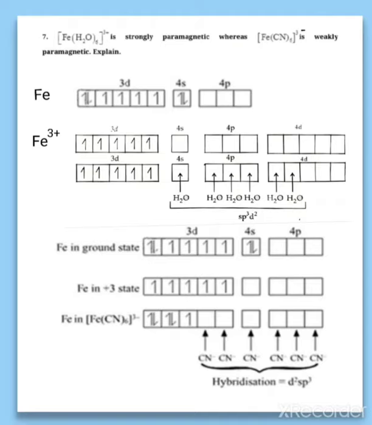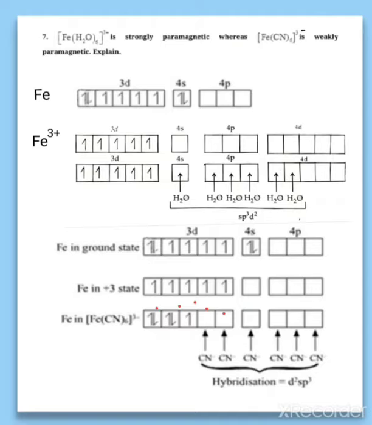In the next one also the central metal ion is Fe3+, that is 5 electrons are there in the 3d. But here the ligand is CN-, a strong field ligand, therefore it causes pairing. So the 5 electrons undergo pairing, so you can see they get paired. When they get paired, now 2 empty orbitals are available in d.